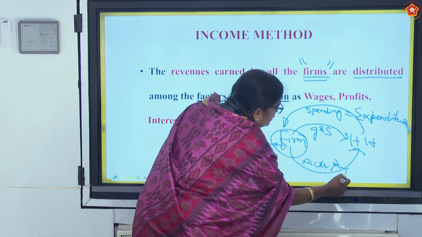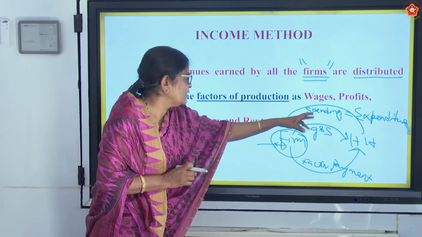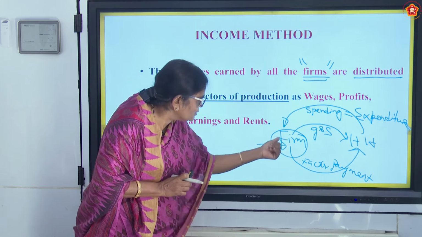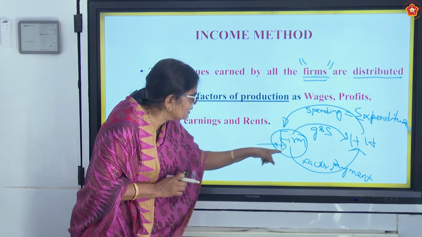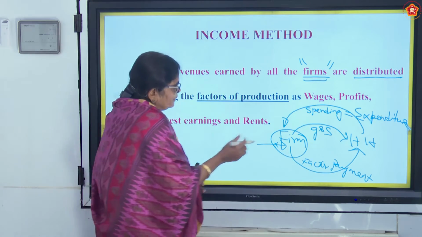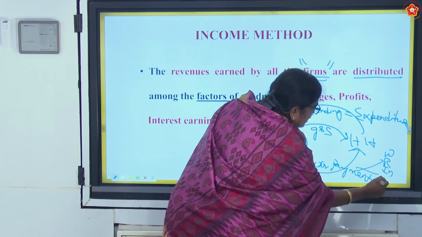Whatever is earned from the other sectors as spending comes as income to the firm. Again, the earned income by the firm is distributed as factor payment. What are the factor payments? Again, the same thing: wages, rent, interest and profit.